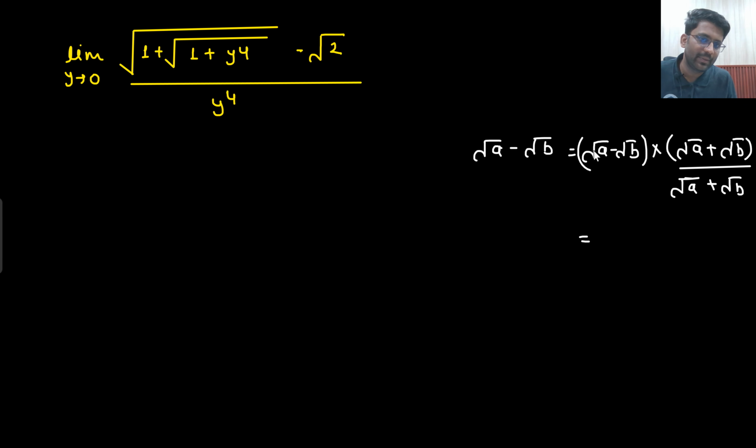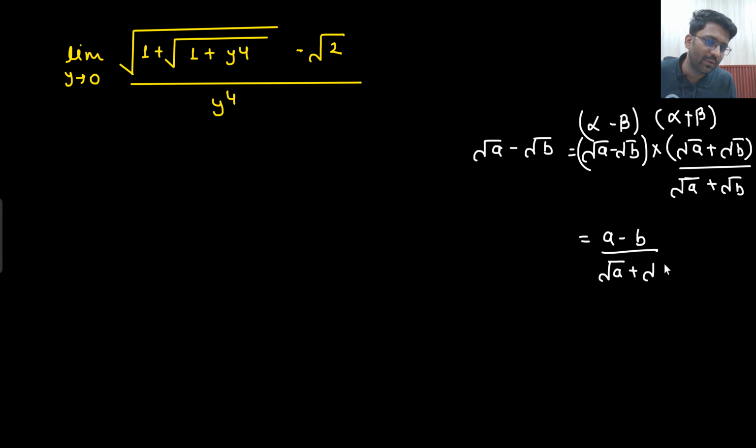So this will become alpha minus beta and this alpha plus beta, so that becomes alpha square minus beta square. Under root a whole square is a, under root b whole square is b, divided by under root a plus under root b. So although the under root came downward, the upper under root has been killed.